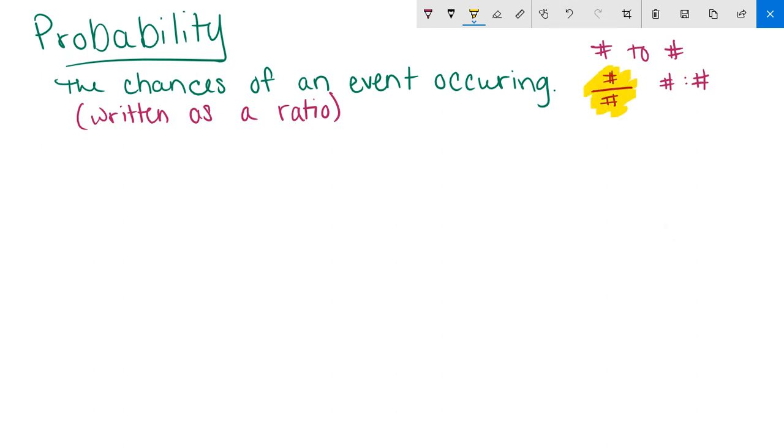Okay, so fraction form. And the way we stick to fraction form is we set up this proportion or this ratio of this probability occurring. So for instance, you would put in parentheses P of the event, whatever the event may be. Maybe the event is flipping heads on a coin. So it would say P and then in parentheses heads.